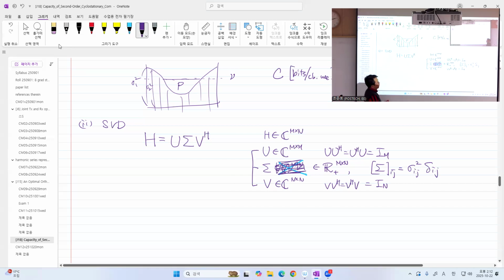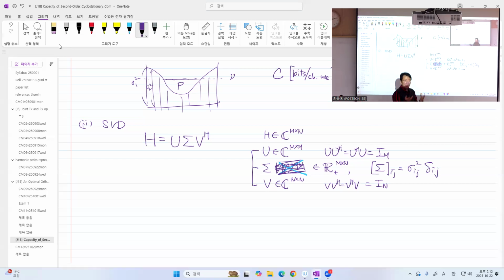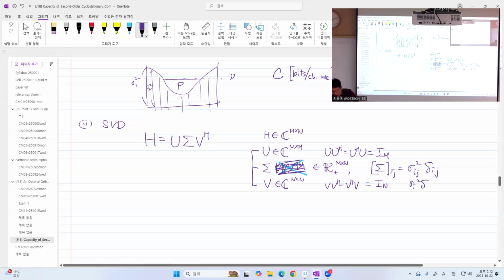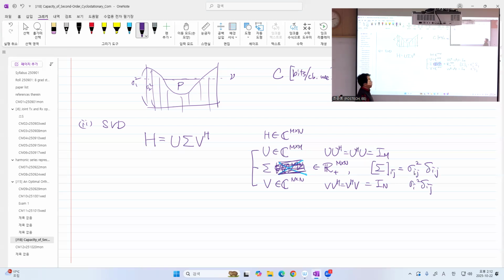Only when i equals j, you may have non-zero component, and that is sigma sub ii squared. Or if you want, you may just say sigma sub i squared delta ij, where delta is the Kronecker delta or indicator function. When i minus j equals 0, then you have 1 and otherwise 0.